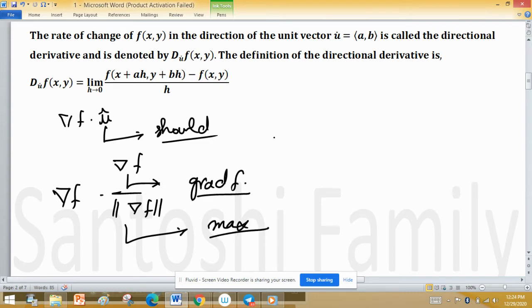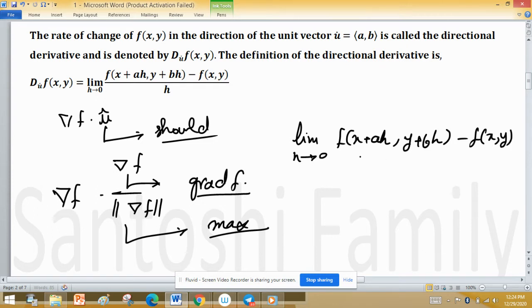Now we have to find the directional derivative, so we will approach this question by the limit concept: limit h tends to 0 of f(x plus ah, comma y plus bh) minus f(x, y), divided by h.